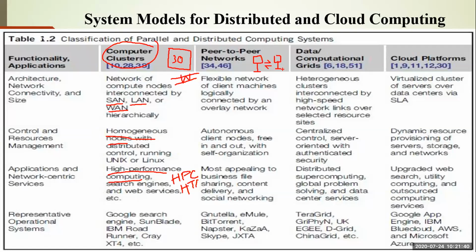Autonomous means if a computer fails due to a hardware fault or a crash, what happens? It will not affect the second computer system, right? So they are flexible. Anybody can join the network, or be removed from the network, at any point of time.